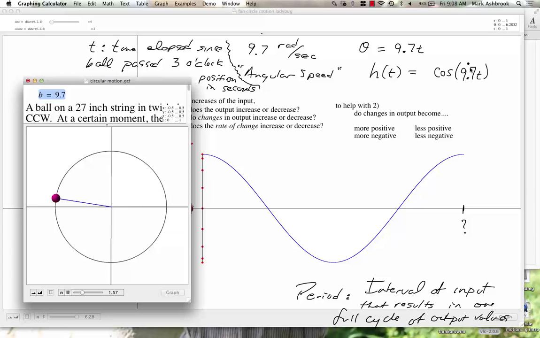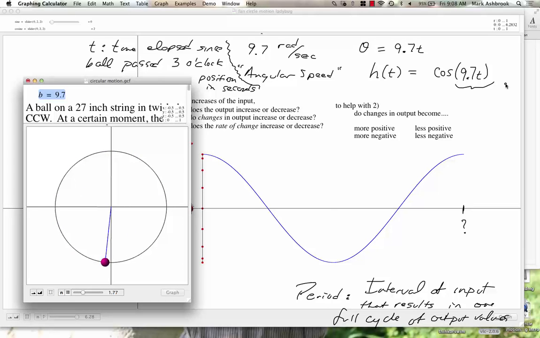All right, so we want this thing right here. If we want one full cycle of output values, then that thing right there is going to reach what value? What goes into cosine? We know that the period of just cosine by itself is 2 pi.